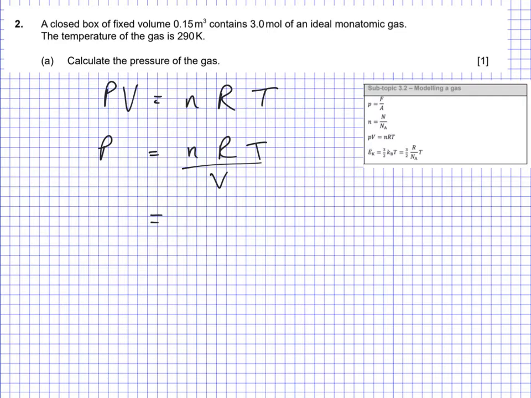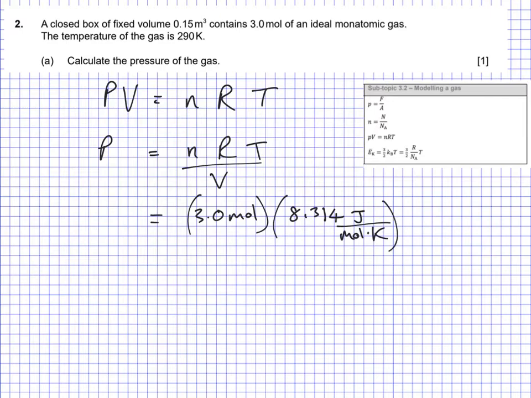So the moles are given to us, 3.0 moles. Multiplied by the gas constant, which is 8.314, and just to keep the units of the gas constant, it's joules over mole Kelvin.